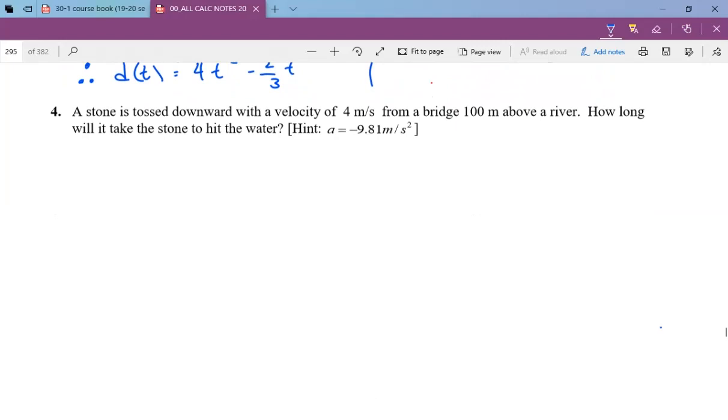We do know that acceleration due to gravity, a, is equal to negative 9.81 meters per second squared. So let's call this a of t is equal to negative 9.81. Therefore, v of t is going to be the antiderivative of that, so negative 9.81 t plus our constant c.